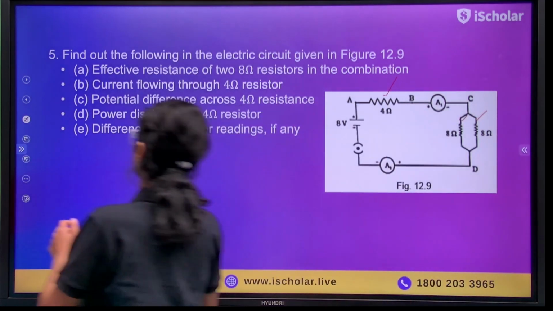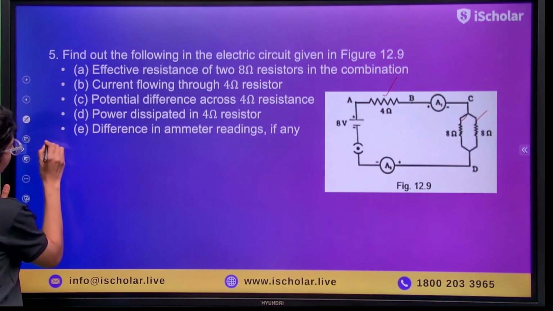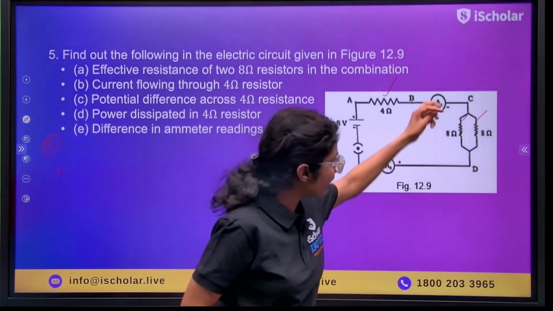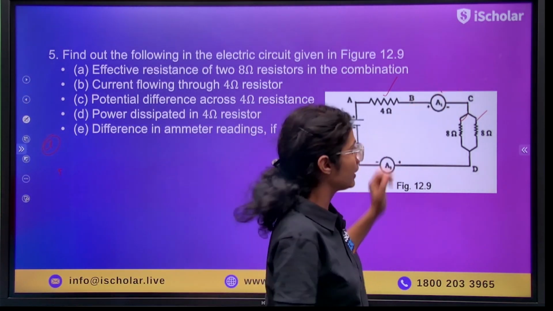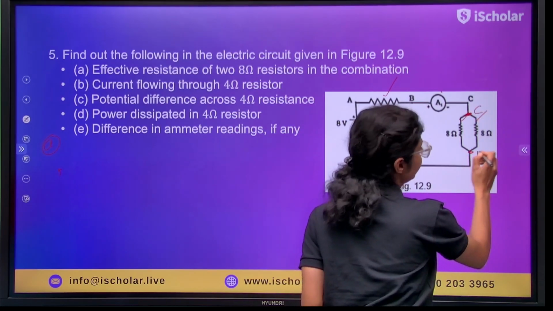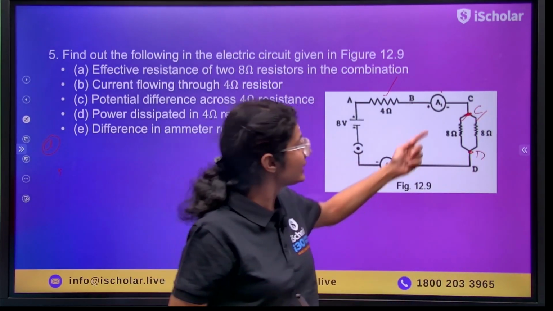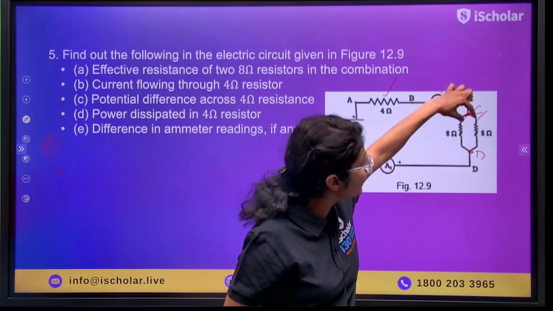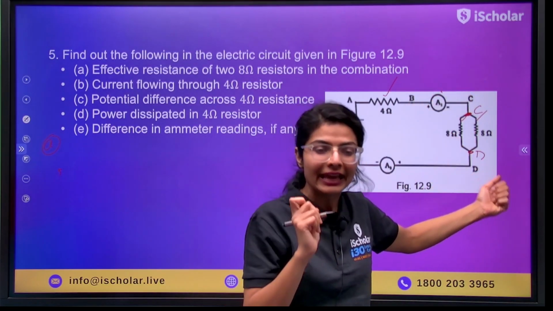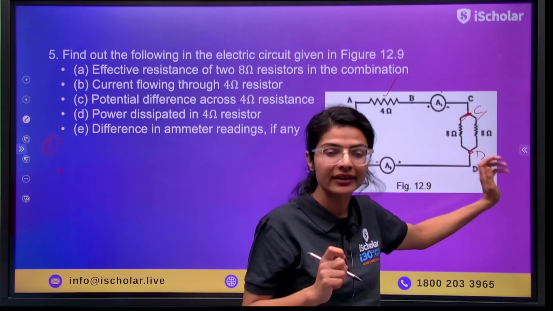Okay, so doing the first part, I'm writing: can I say that these two resistances are connected between the point C and D? Both of these resistances are connected between the point C as well as the point D. Can we say that these two are in parallel?